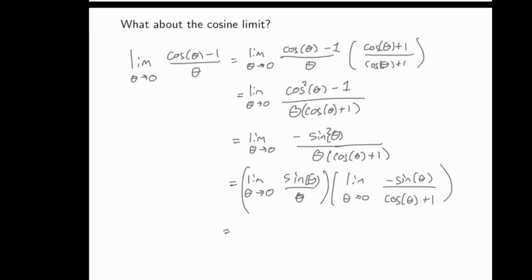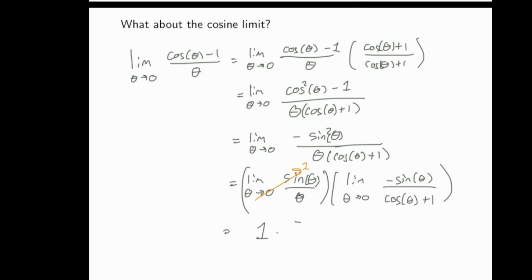But we saw before that this limit as theta goes to 0 of sine of theta over theta is 1. So this is going to be 1 times, and then we can plug in theta equals 0 now because we know that this is a nice continuous function.